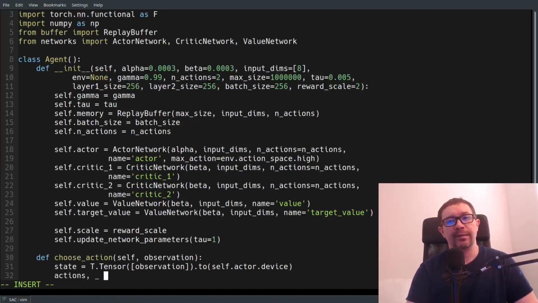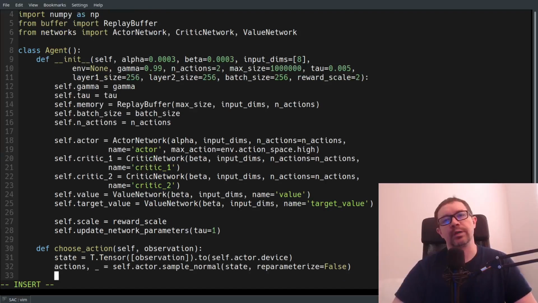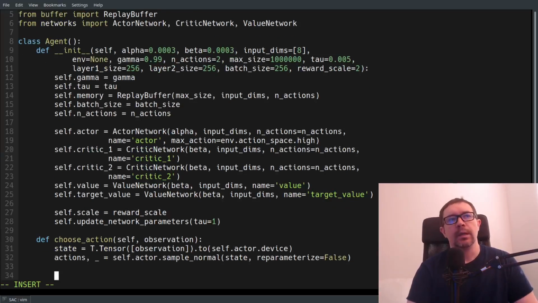And then we're going to feed that state forward through the sampling function for our actor to get the actions and nominally the log probs back, but we don't care about the log probs, so we just use a blank. And we're not going to reparameterize for our action selection. Now, then we're going to return it.